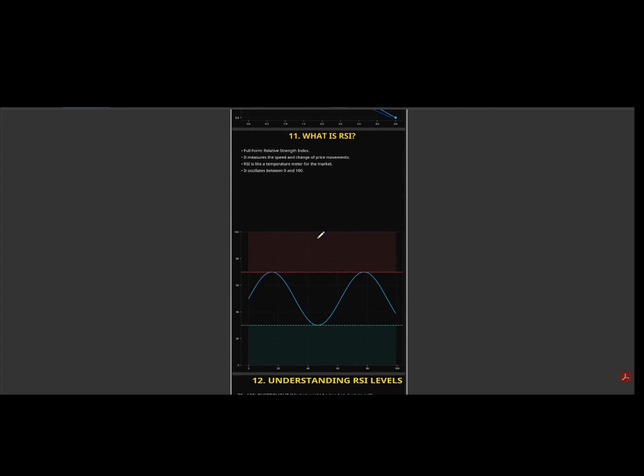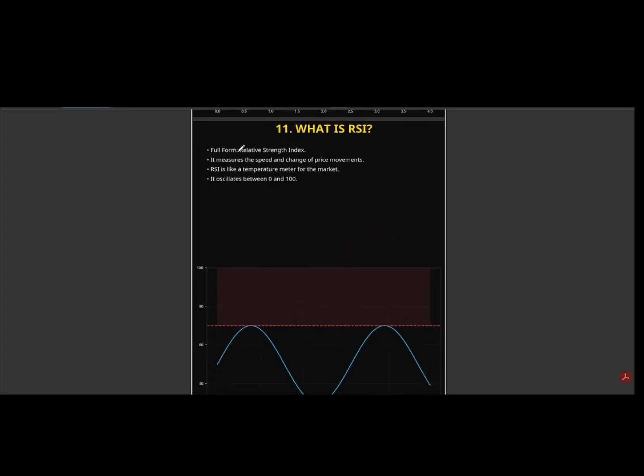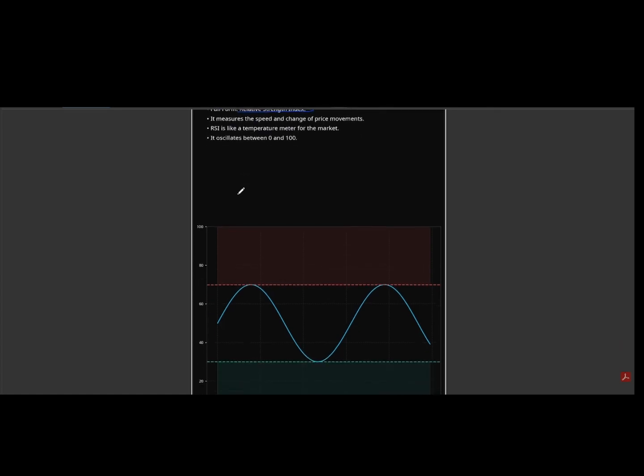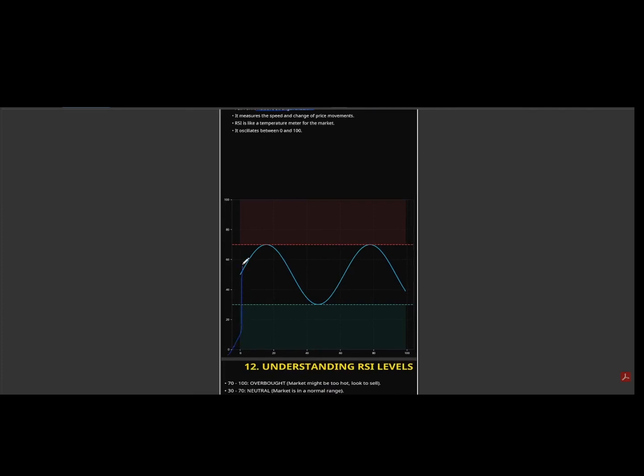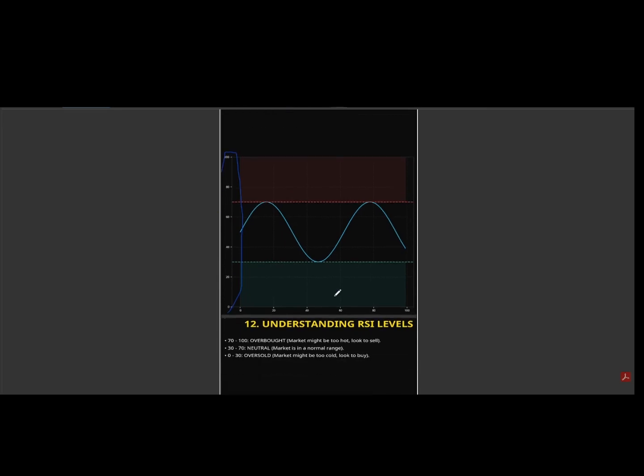Next, we'll talk about what is RSI. RSI is an indicator which gives a signal whether the stock or the currency pair or whatever is overbought or oversold. The full form of RSI is Relative Strength Index. When you open the RSI indicator, you find a column like this, 0 to 100. Now, what does this stand for?